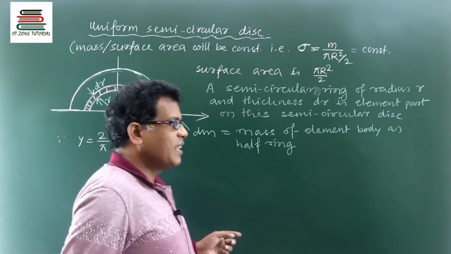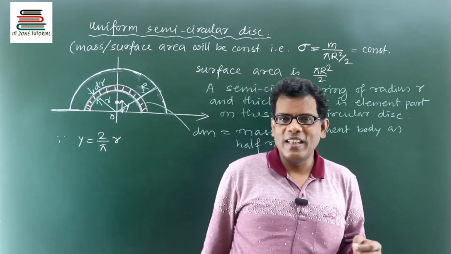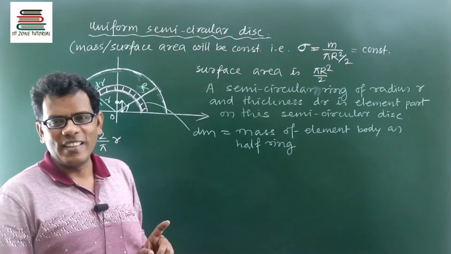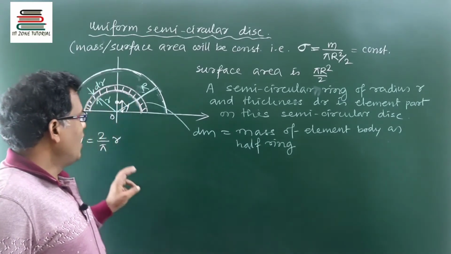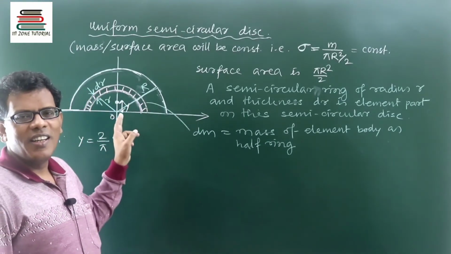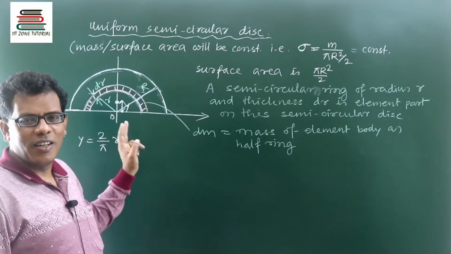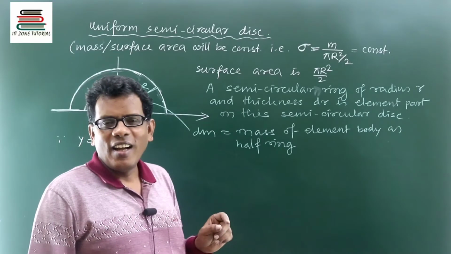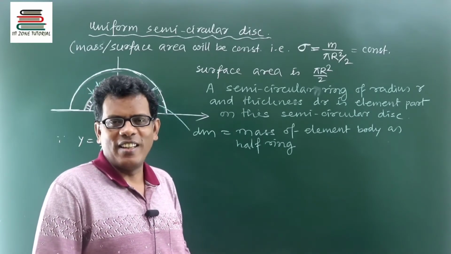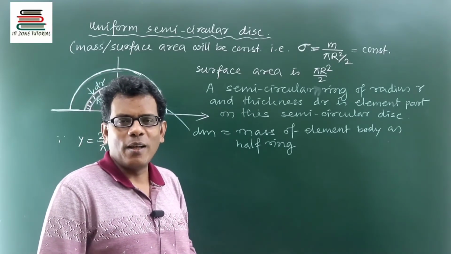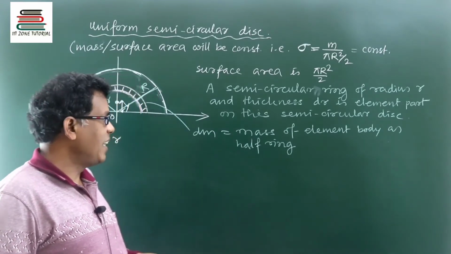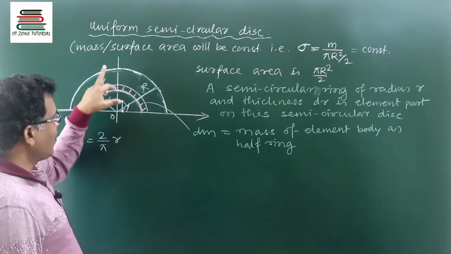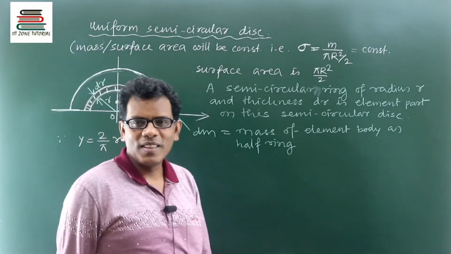So if a semicircular ring is an element body for a semicircular disk, and as we know the mass of each and every single semicircular ring will be located at a point on the axis only, therefore with this argument we can say the center of mass of the semicircular disk will also lie on this line of symmetry, isn't it?